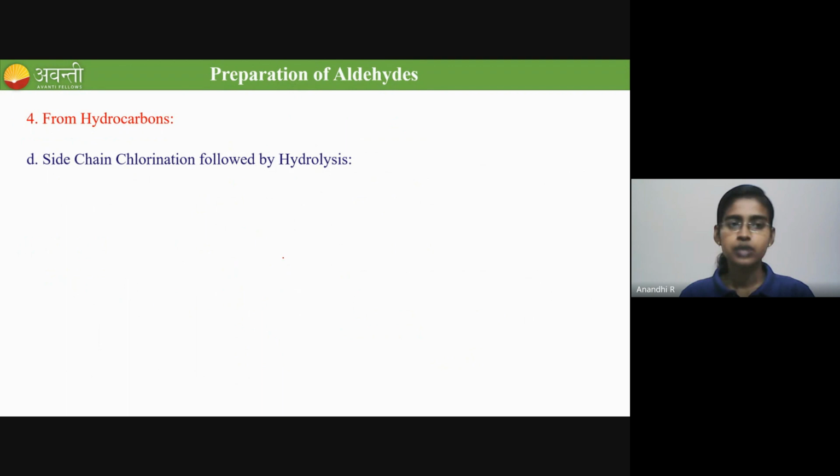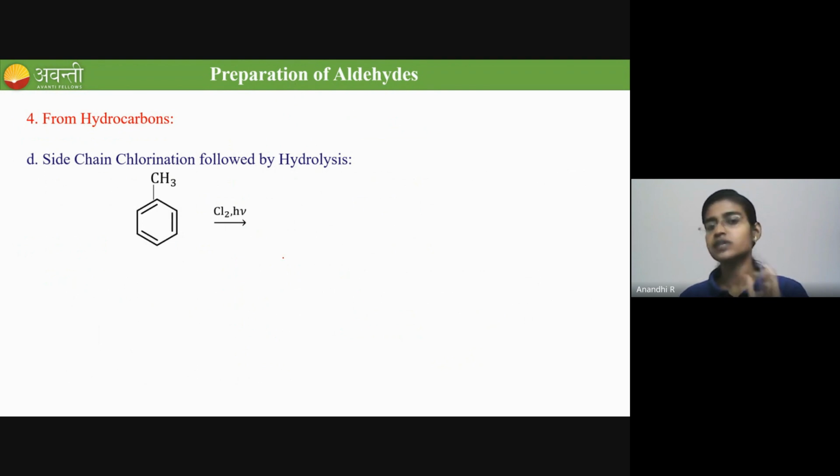So the fourth one is the side chain chlorination followed by hydrolysis. So take the toluene part again. Toluene is the aromatic hydrocarbon, and treat this toluene with a chlorine molecule in presence of h nu. What is h nu? h nu is the light energy which we get from UV radiation.